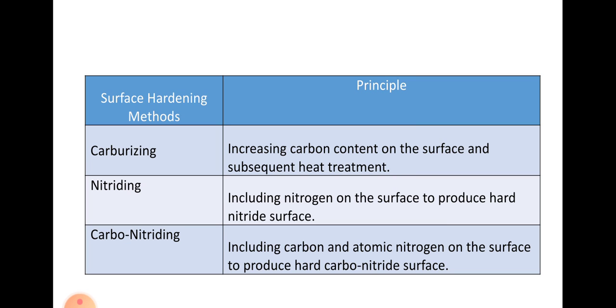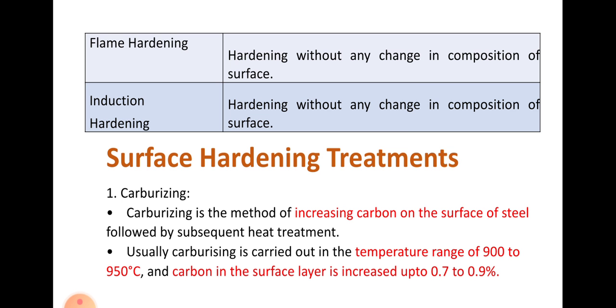Third, carbonitriding, which includes both carbon as well as nitrogen on the surface of steel. Fourth, flame hardening, which increases the hardness without any change in composition of the surface. Similarly, induction hardening also increases the hardness without change in composition of the surface. Now we will see them one by one.